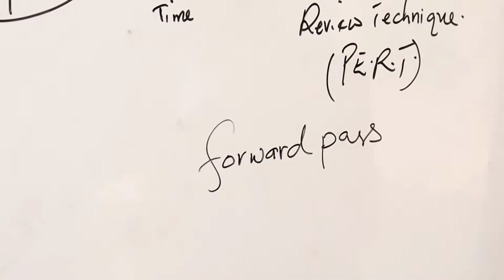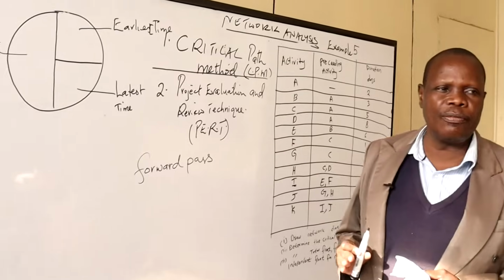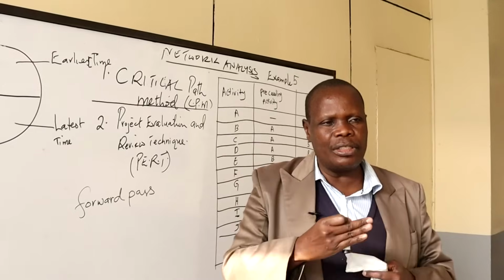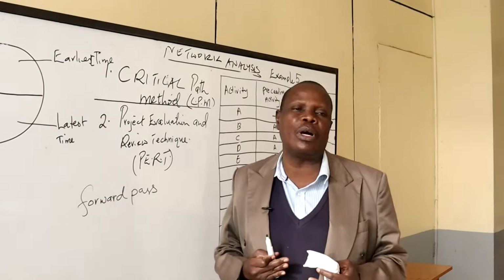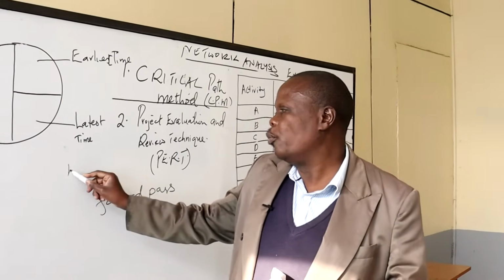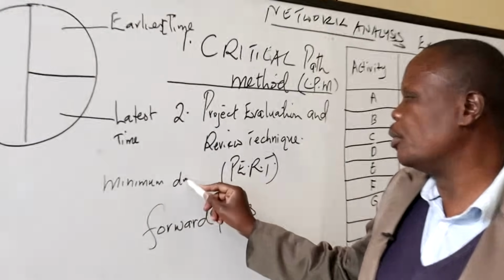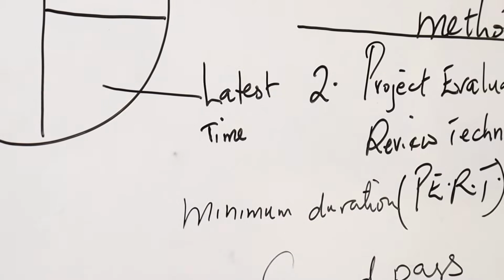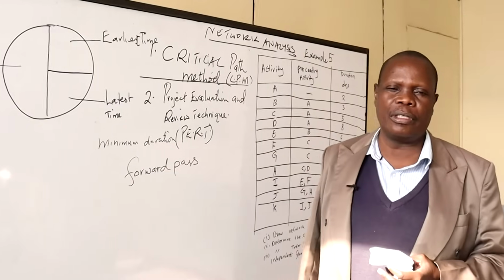Then how to estimate the latest time? In estimation of the latest time, we subtract each activity duration from right to left, backwards, and pick the minimum duration, till we reach the first event in the project.